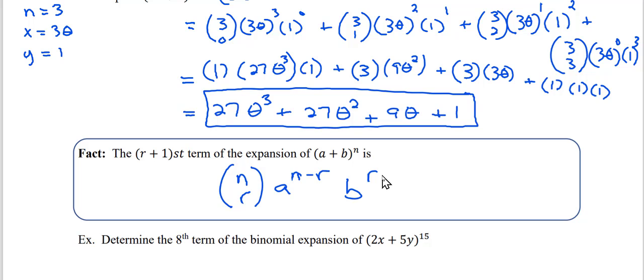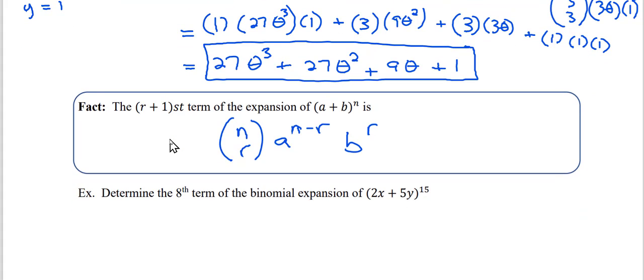The first term comes when this is 0 and this is n and this is 0. So these all match, right? But it's the first term when we have zeros in those places for r. So that's why it's the r plus first term.